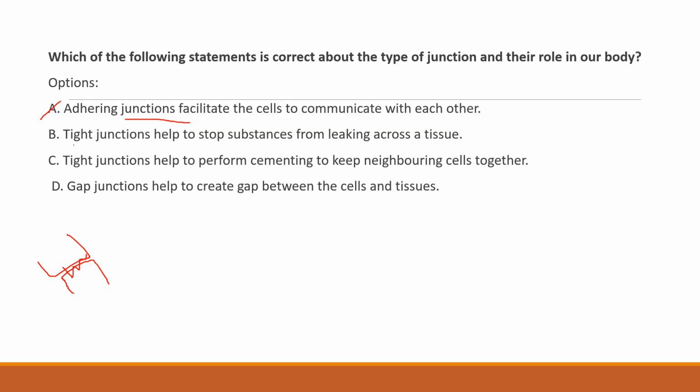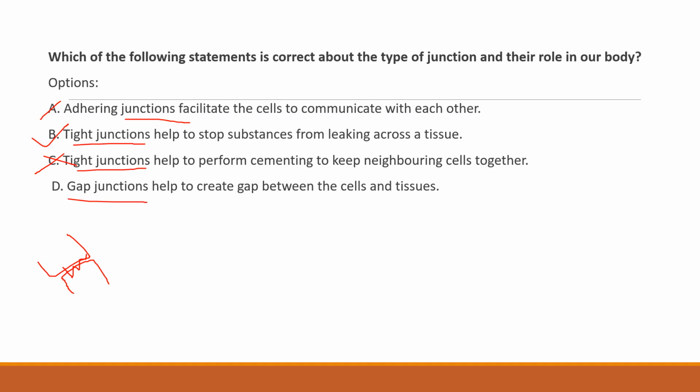Next, tight junction. Tight junction helps to stop substance from leaking across a tissue. Is it correct? Yes. Tight junction helps to stop substance from leaking across a tissue. That is correct. Then tight junction helps to perform cementing to keep neighboring cell together. No, it's not correct.